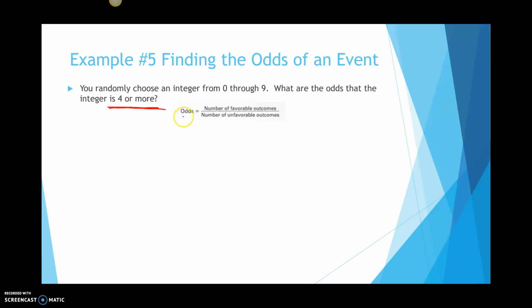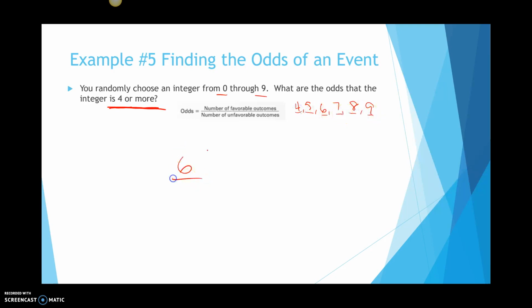The setup of this, finding the odds, is the number of favorable outcomes out of the number of unfavorable outcomes. We are looking at numbers 0 through 9. The favorable outcomes are 4, 5, 6, 7, 8, 9. How many numbers is that? That's 1, 2, 3, 4, 5, 6.